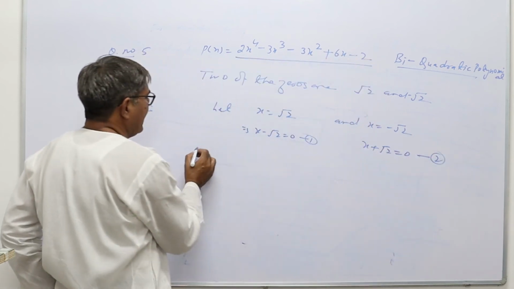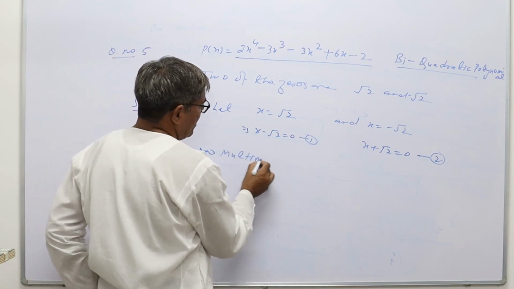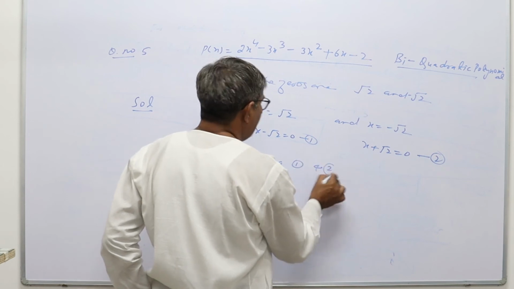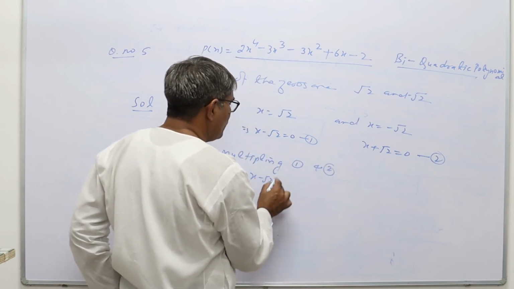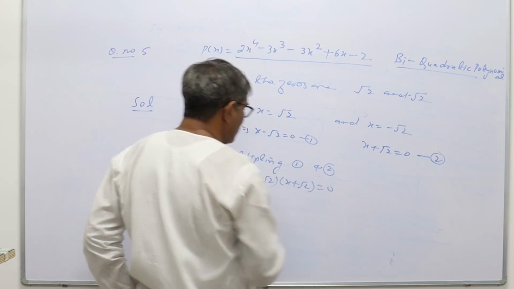Now multiplying first and second, so x minus root 2 into x plus root 2 will be equal to 0.